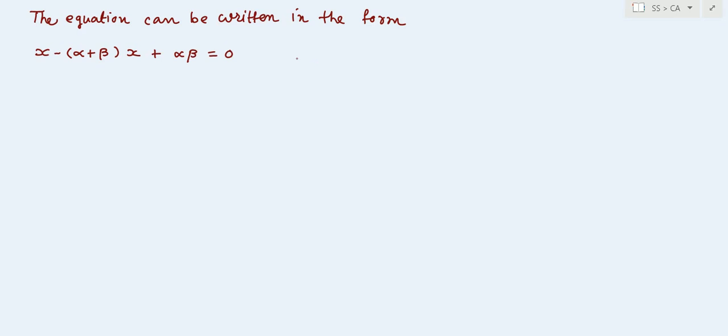This is called the general form of an equation. Okay. Alpha plus beta is known as the sum of roots. And the formula of alpha plus beta is minus b upon a. Remember that, minus b upon a.